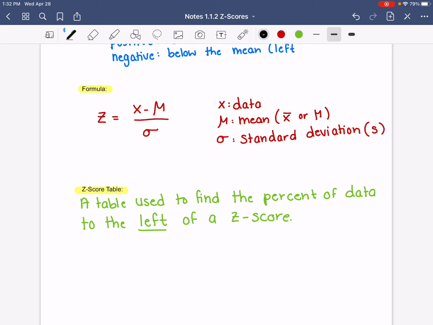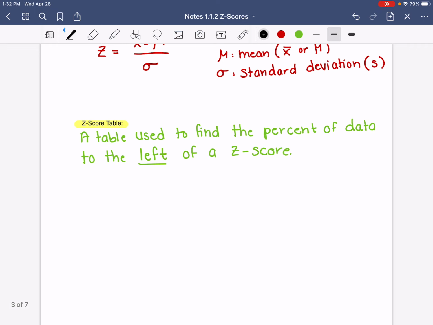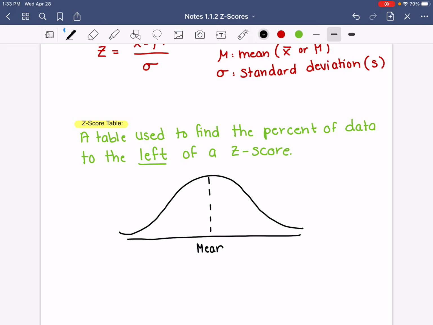So what you're going to see in your table, it's going to give you percentages. There's our normal curve, right? So the mean is normally in the middle. What you're going to be doing is you're going to find a z-score. If your z-score is positive, it'll be on the right-hand side.